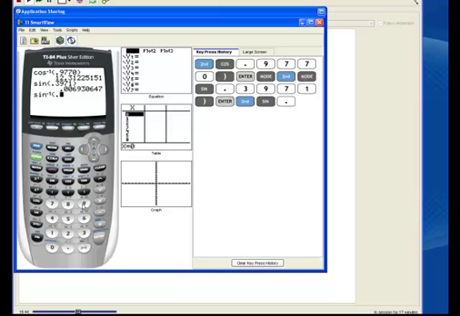I'm supposed to do the inverse sine. Enter. 23.4 degrees. We're supposed to round to the nearest tenth of a degree. So on the first one, I'm going to write down 12.3 degrees. On this one, I'm going to write down 23.4 degrees.